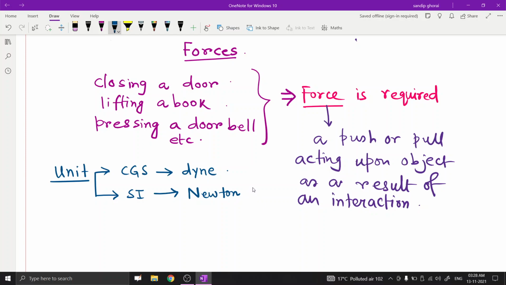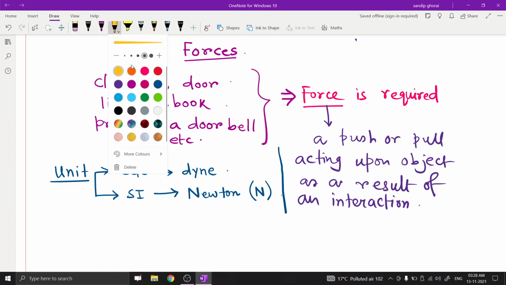In short, we write capital N, that is Newton. Now, if we apply a force to a body, what will happen? Or what are the effects of force?